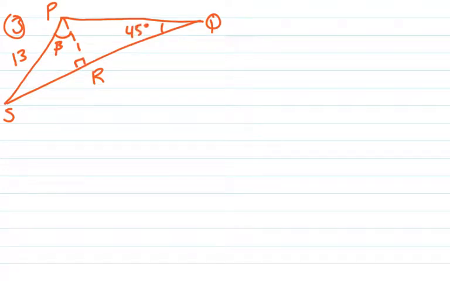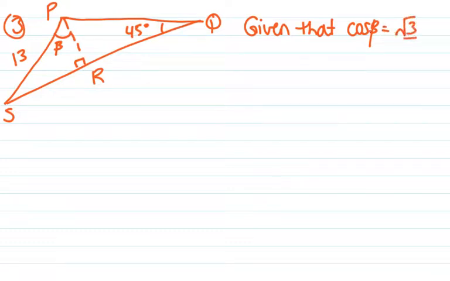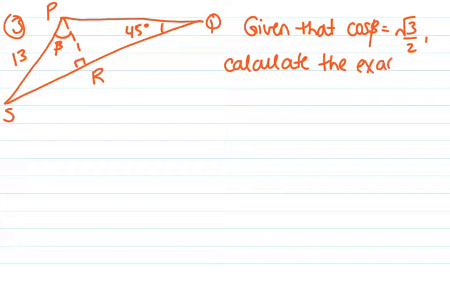So that's what I know, and given that cos beta equals root 3 over 2, calculate the exact area of triangle PQS, so the big triangle.